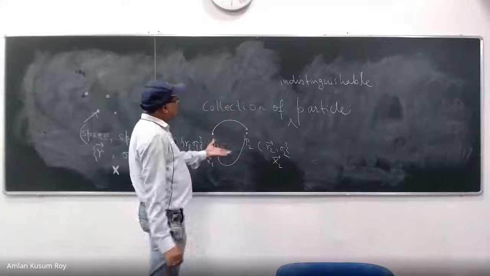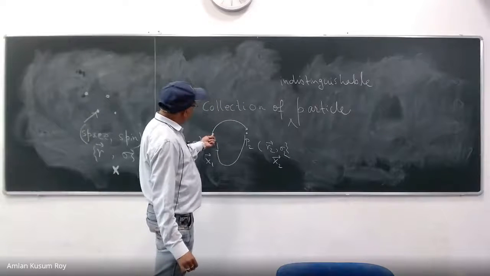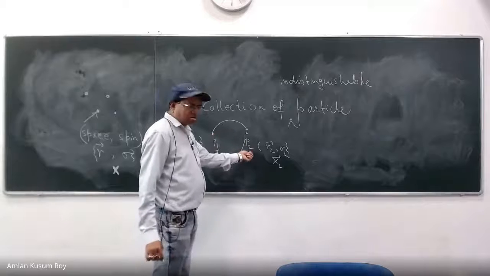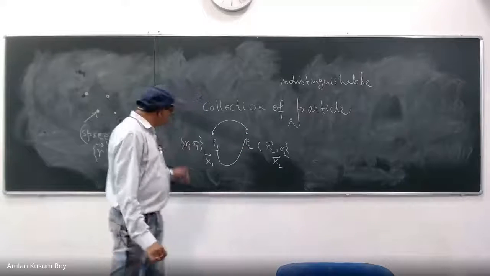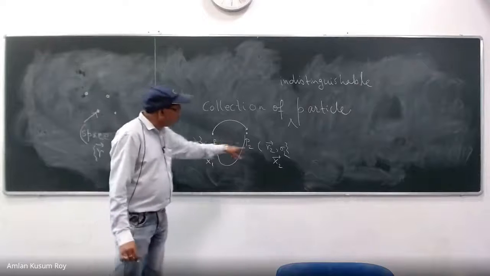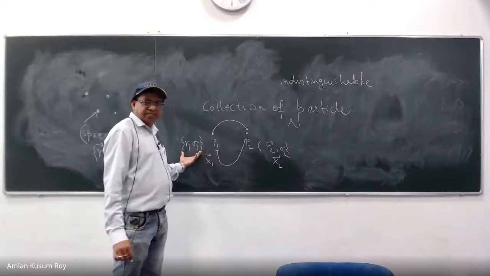When the exchange happens, this particle's coordinates become X2 and the other particle's coordinates become X1. That is the mixing. So it is not only R1 or R2, it must be both together.